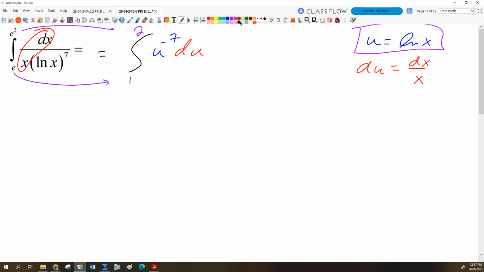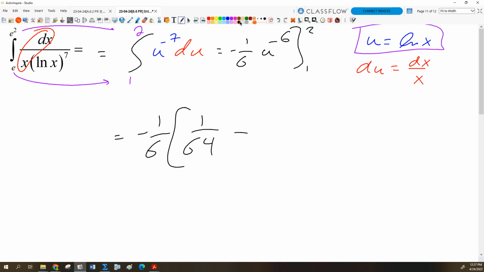Negative 1/6 u to the negative 6th. Right? Everybody agree? From 1 to 2. So that's equal to negative 1/6 times 2 to the negative 6th, which is 1/64th, minus 1 to the negative 6th, which is 1.